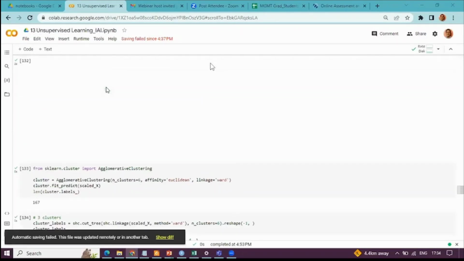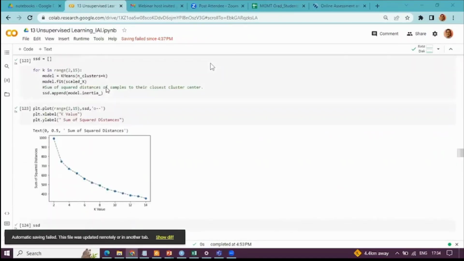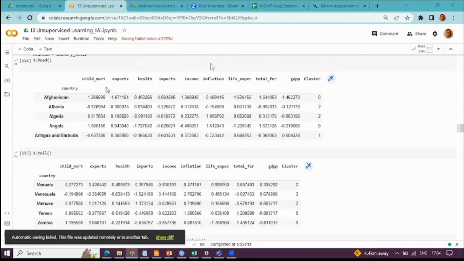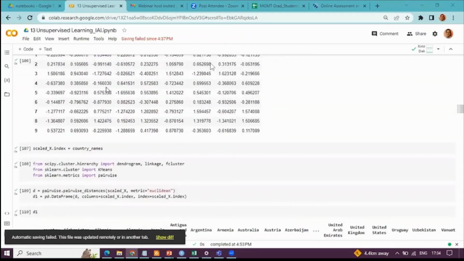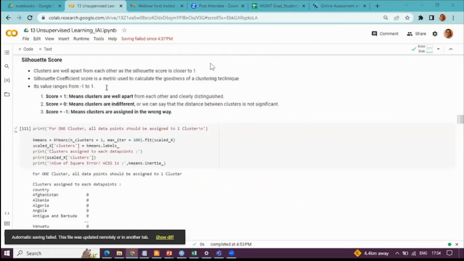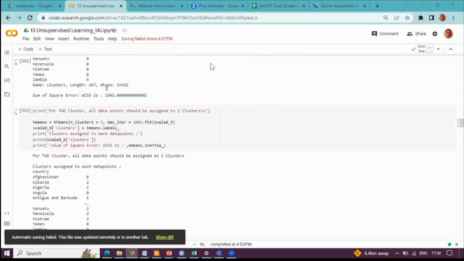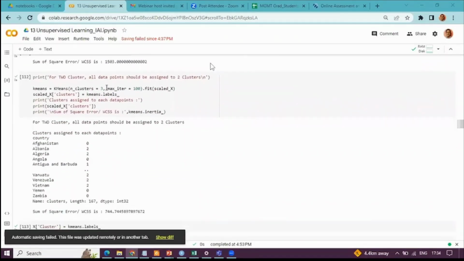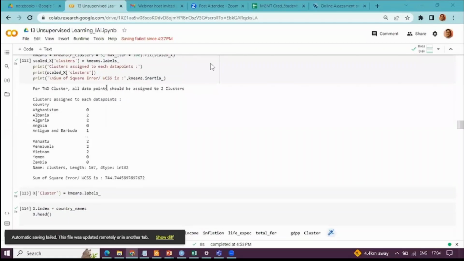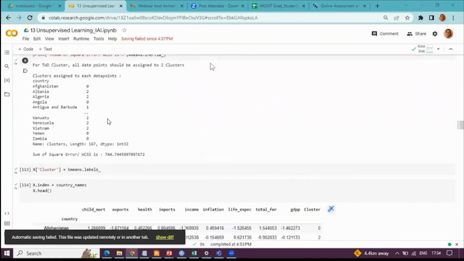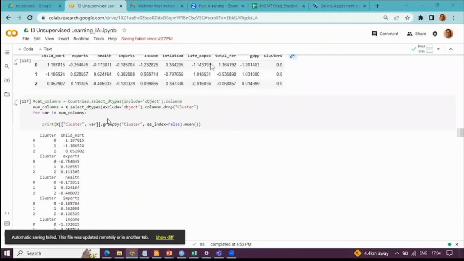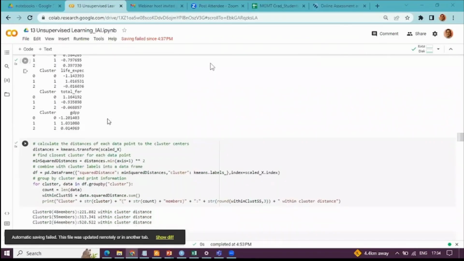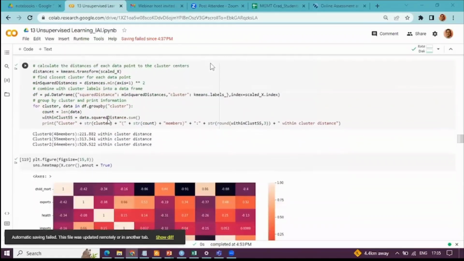If you look at this scenario, just take this. That is my within cluster sum of squares.